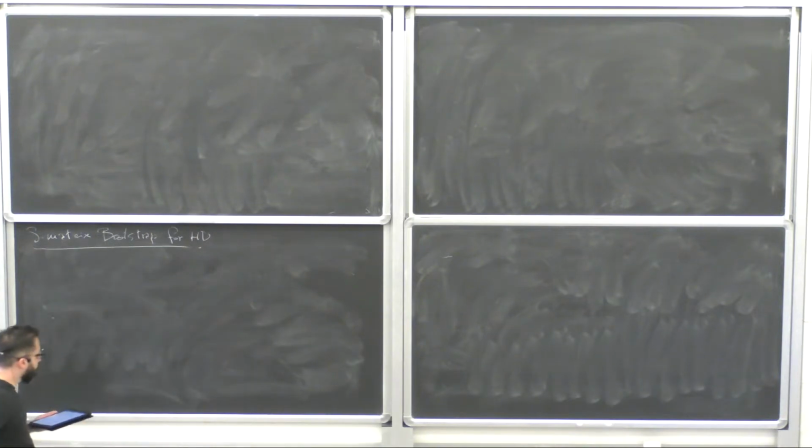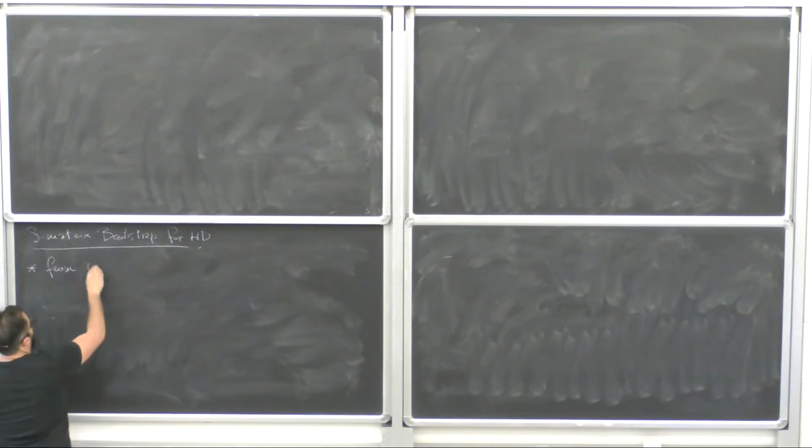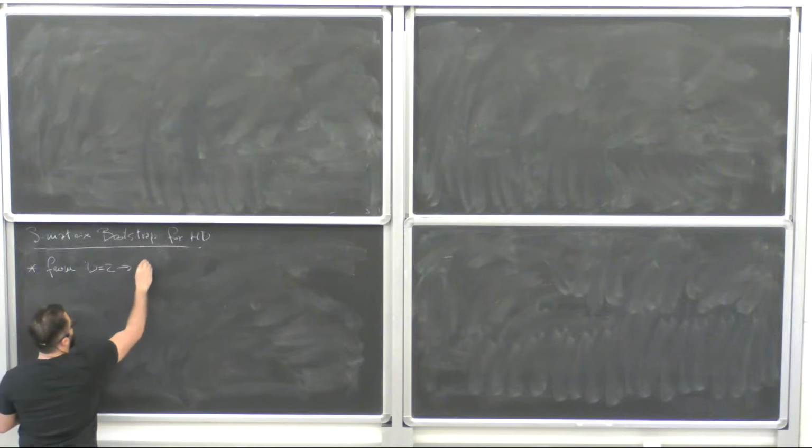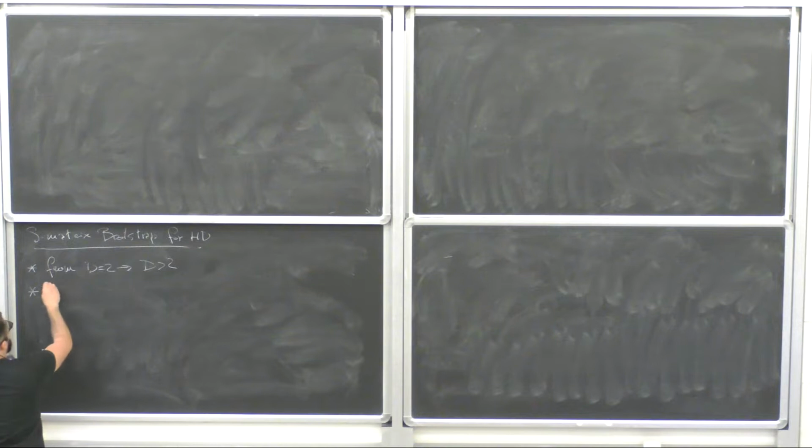Okay. So the first part of the talk will be from d equals 2 to d greater than 2. It's already not trivial. And then in the second part, I will jump right away to what I think is related to one of the questions of the people here. What are the observables that we want to bound?